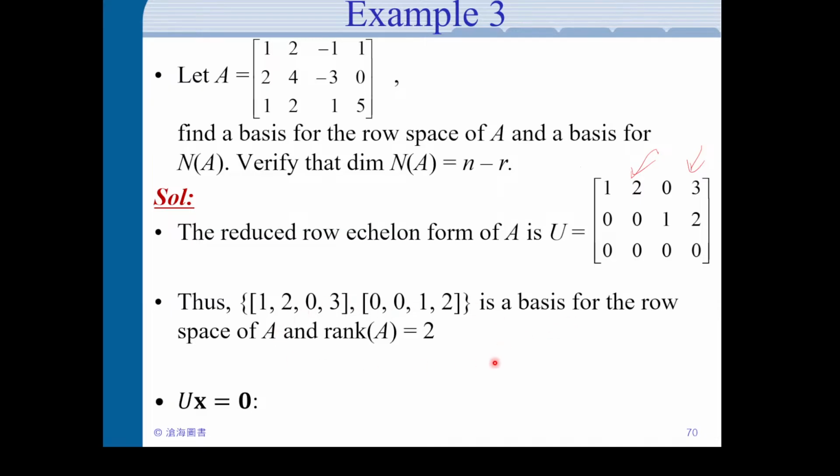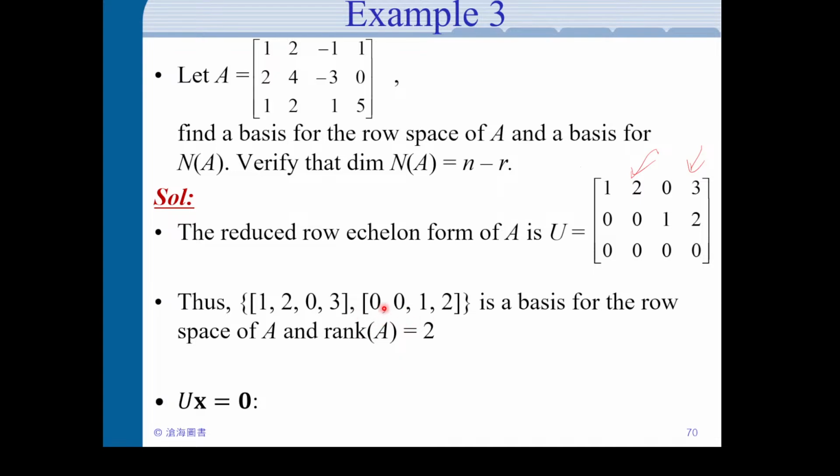Okay, so we finished the rank and nullity, but let's see a bit more detail about this example. We know the rank and nullity, and also from this REF, we can find the basis for our row space and for our null space.